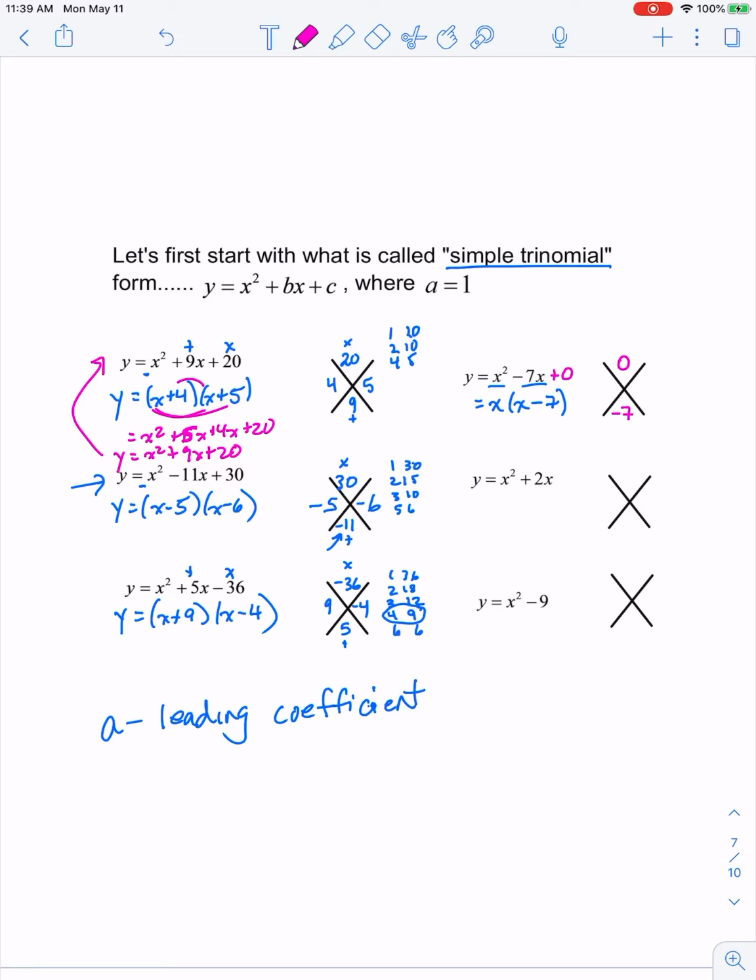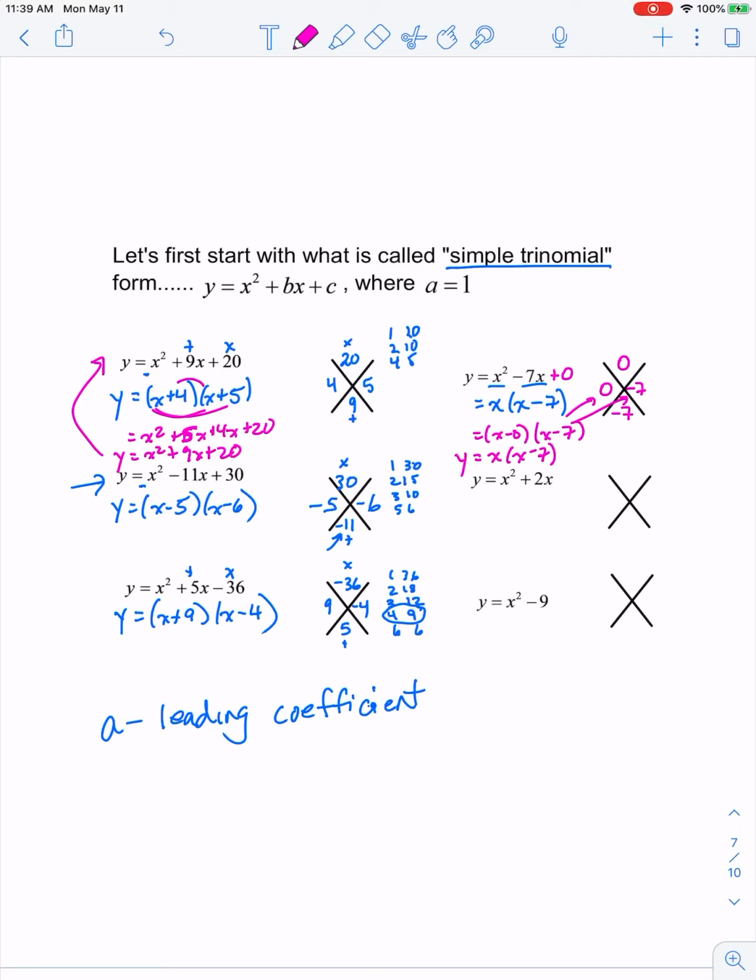Well, there's a million ways that you can multiply to give you 0, but one of them has to be 0, and then for them to add to give you negative 7, 0 and negative 7 add to give you negative 7. So technically, it would be (x plus 0)(x minus 7), and we wouldn't write x plus 0, we would just write it as x and x minus 7.